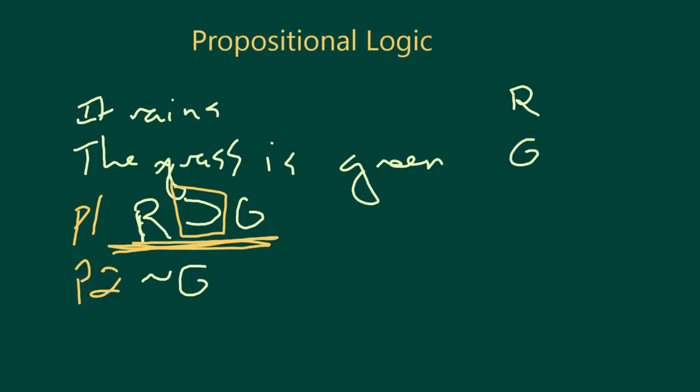And then propositional logic has a set of truth-preserving rules, so the rules about valid inferences. And as we come to understand those rules, then we will be in a position to show that if premise 1 is true and premise 2 is true, it can't be the case that R is true. It can't be the case that it rains. So we will be in a position to say not R.